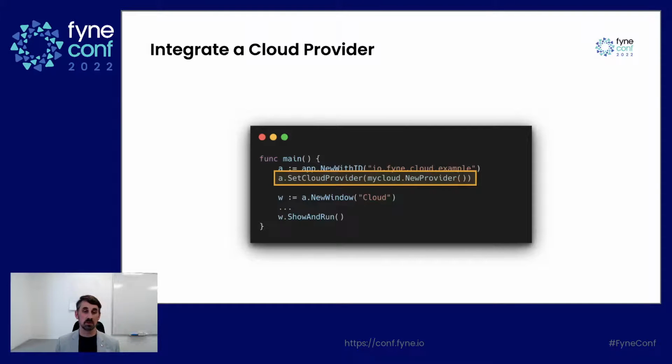It's one line of code that has changed this from a local data stored application to a cloud stored data application. We're using the provider from my cloud, which for the record is not one of the cloud providers but is illustrative here. And so the user preferences and storage is now going to be completely transparently uploaded to the cloud, as well as being available on the device. No other code is required for your Fyne app. It's that easy.